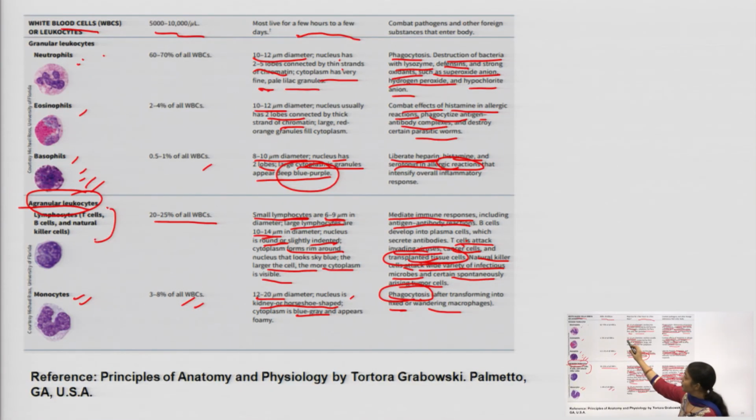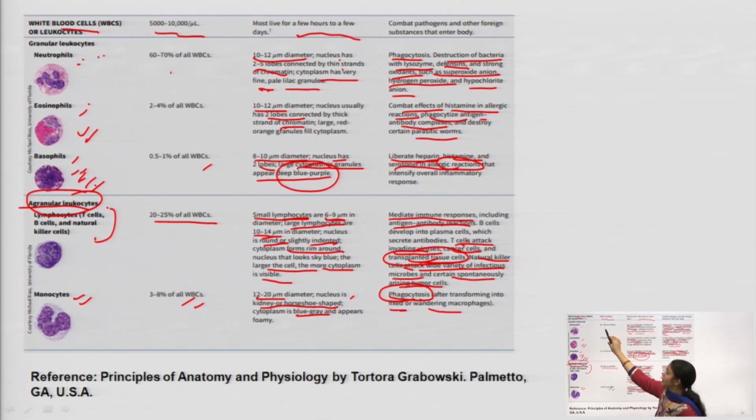Granulocytes are of three types: neutrophil, eosinophil and basophil, while the agranulocytes are the lymphocytes and the monocytes. The neutrophils are called neutrophils because they are stained with both dyes, the acidic as well as the basic, and the eosinophils are stained with the acidic dye, red orange in color, and the basophils are stained with the alkaline dye and stained blue in color.